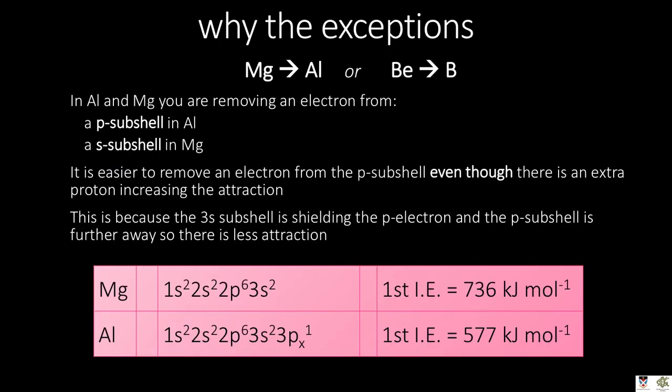To explain these exceptions, you have to consider the electron configuration of the elements in question. So on this slide, we're going to look at magnesium and aluminium specifically, but the same argument will apply when we go from beryllium to boron.